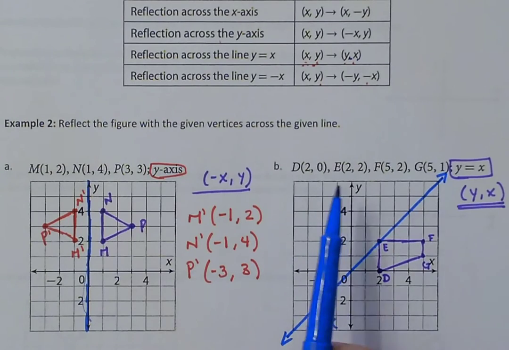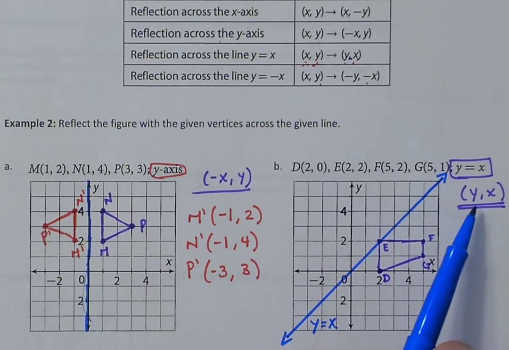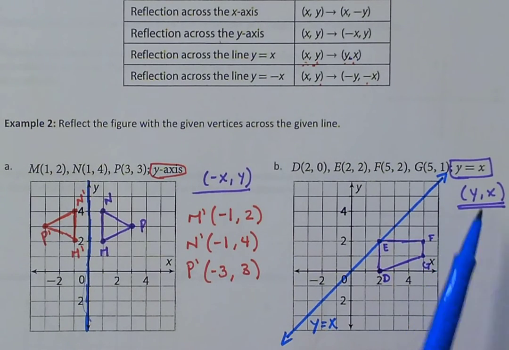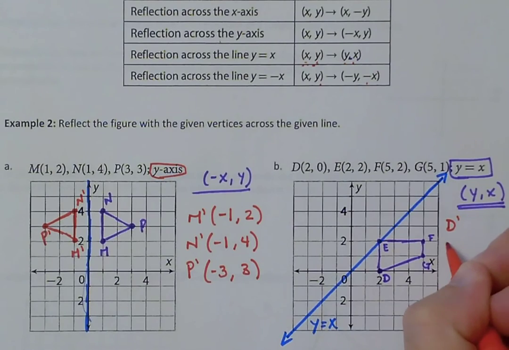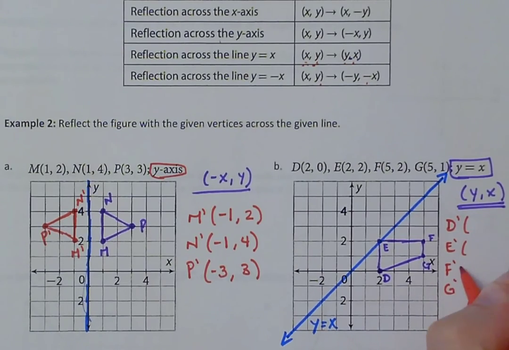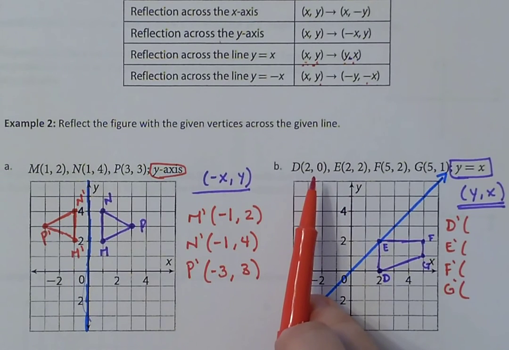Alright, so I need to go through and reflect these points across the line y equals x using the coordinate rule of x, y goes to y, x. So all this means is I just take all of my points, D, E, F, and G, and when I transform them to D prime, E prime, F prime, G prime, I just take the points I'm given and I flip them.